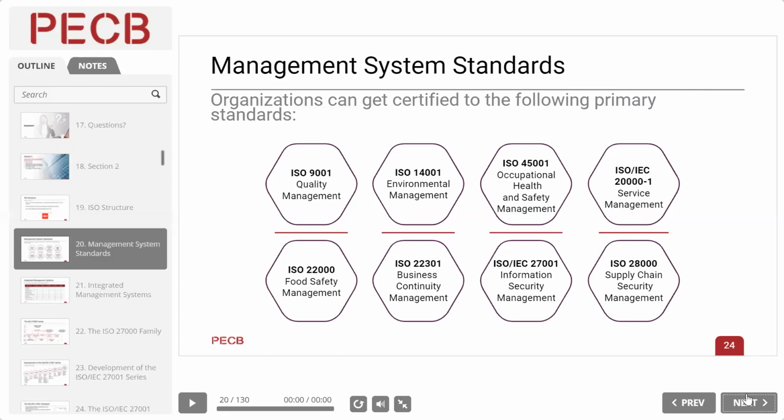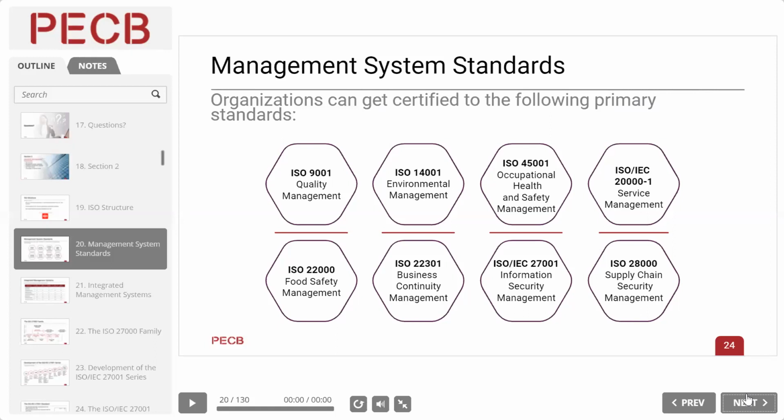And invariably, at Innovare, when we are implementing 27001, we pick on a lot of the 9000 processes and some of the other things to embed within our implementation.